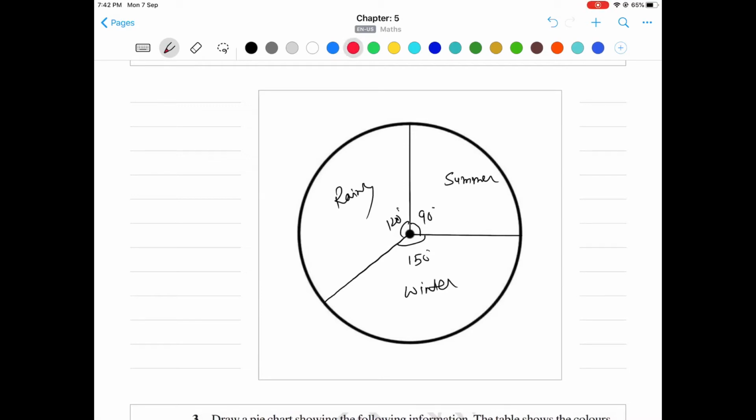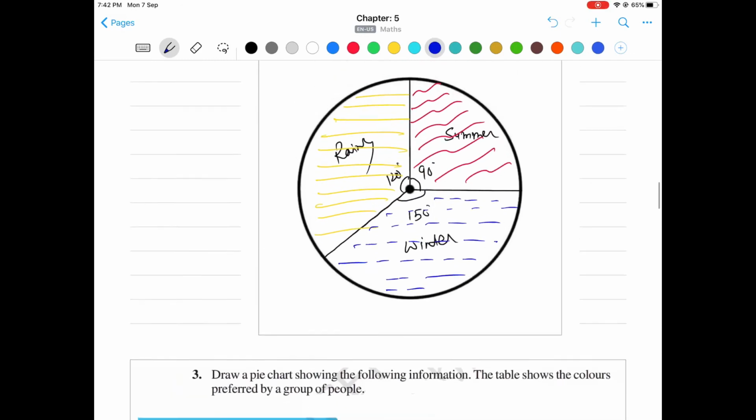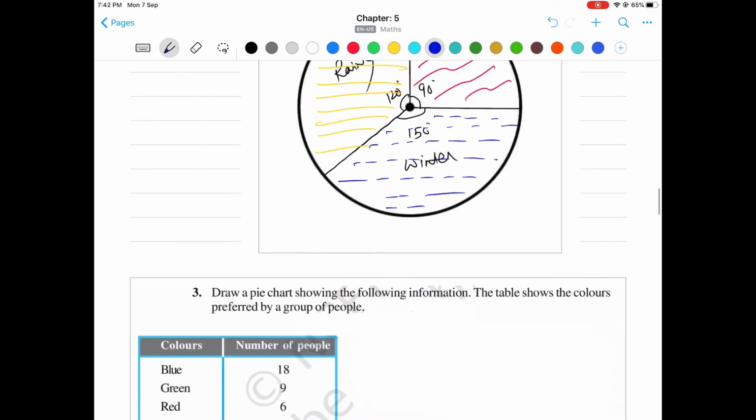Or you can give a different shade for each sector like this, or you can shade them with different colors. You can use different colors, or you can also use different types of shading. I have used both. I have given different shading and different colors. So that's our answer to question number 2. That's the pie chart of this one.